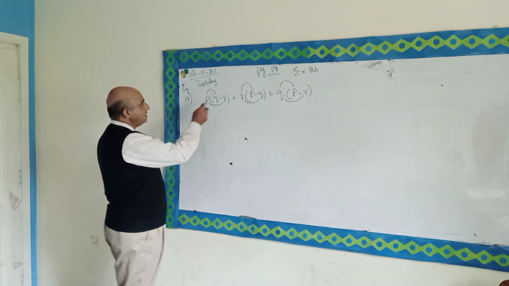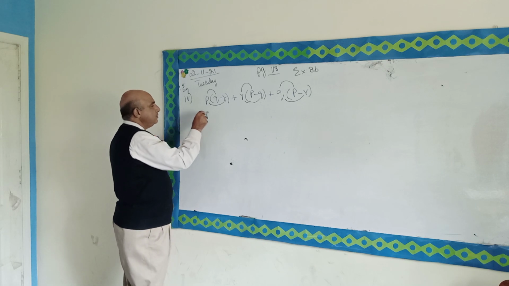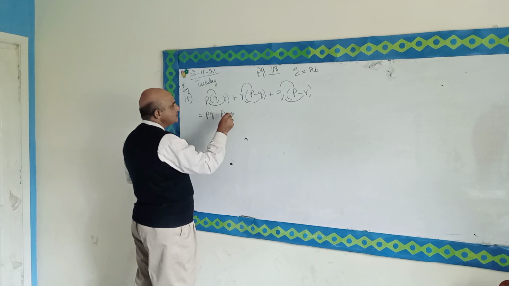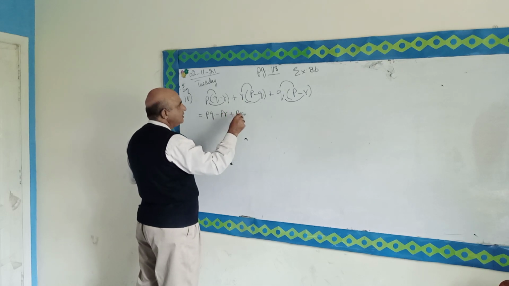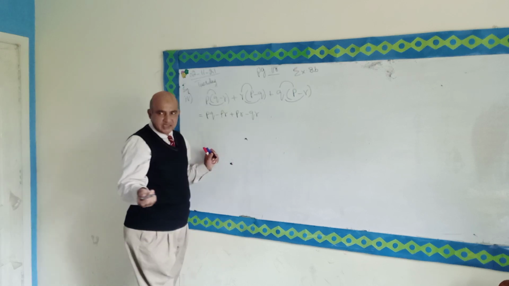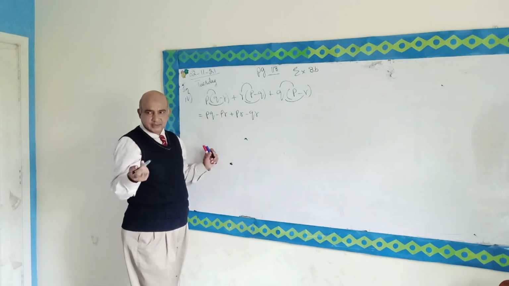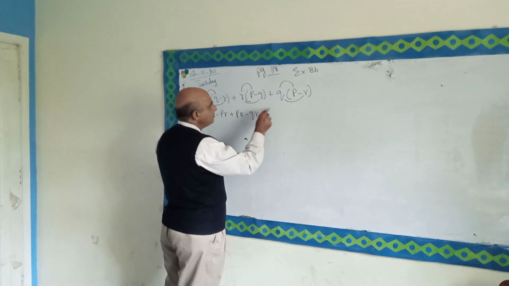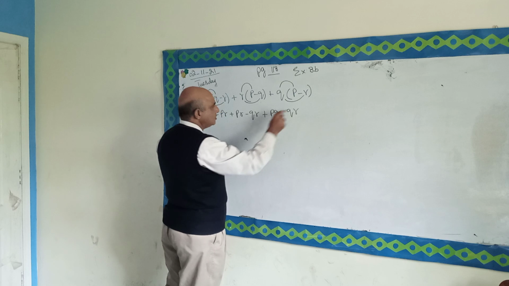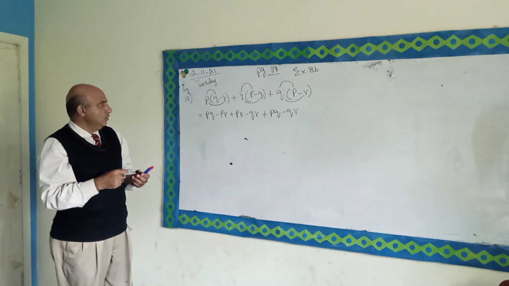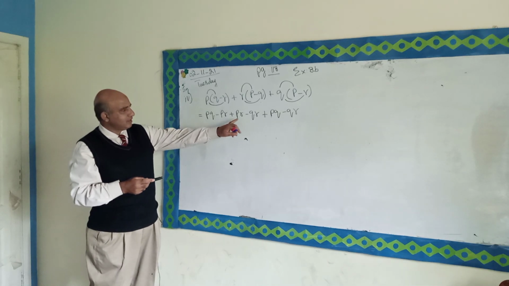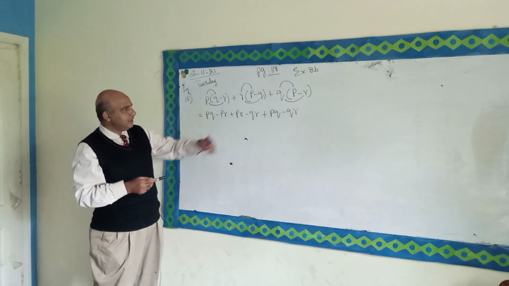Now look here, P into Q, we'll write it PQ minus PR plus, again this is PR minus QR. QR, in alphabets first Q, then R. Plus PQ minus QR. Okay? Now, this is minus PR plus PR, right?